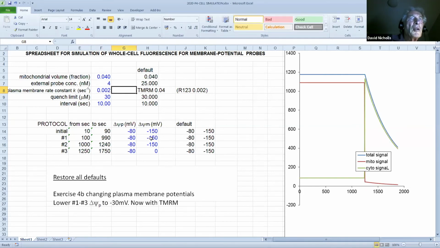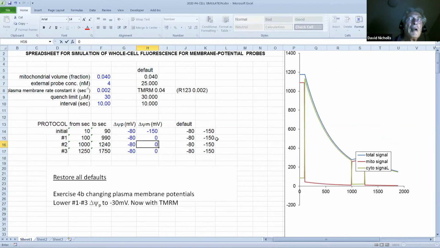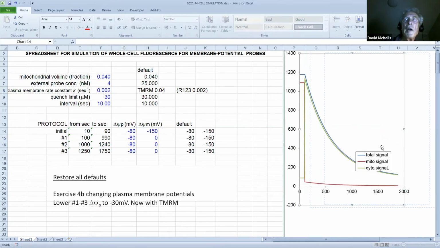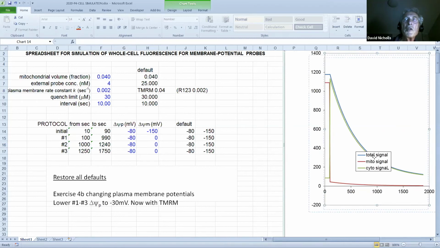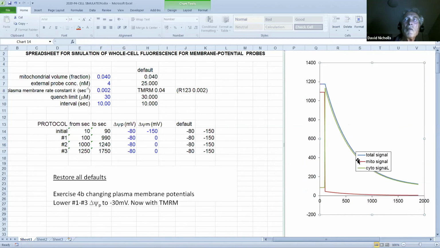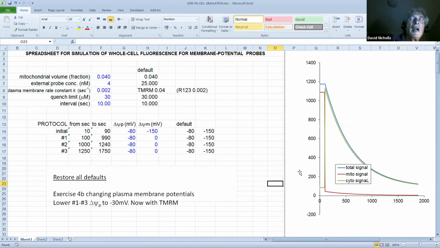What I'm trying to show here is that this is the rough shape of a mitochondrial depolarization in non-quench mode.